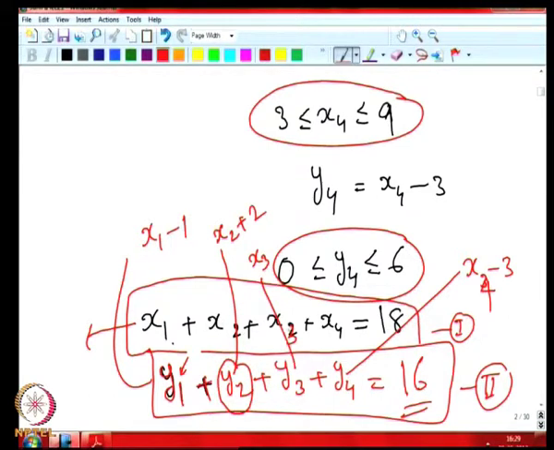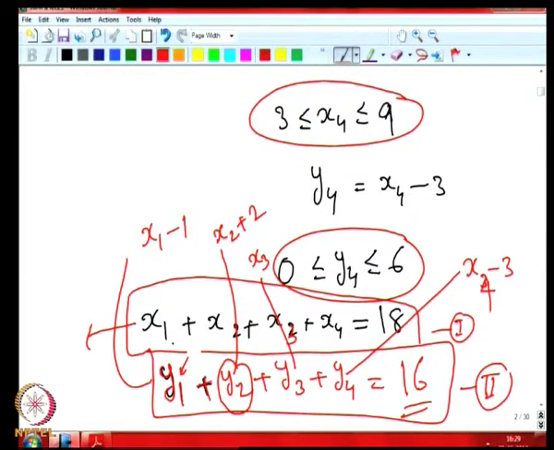Similarly, whatever value x3 gets, we give the same value to y3, and whatever value x4 gets, we subtract 3 from it and give it to y4.